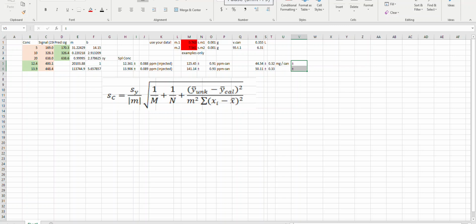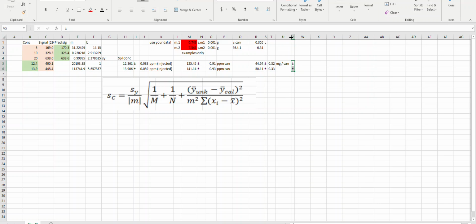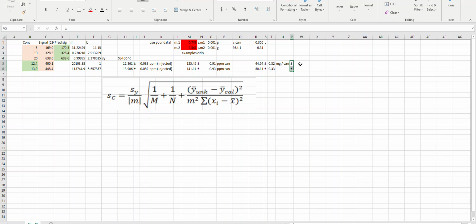Let's see here. So I have to erase that part. So now to get the confidence interval, this is standard dev. And this is going to be the 95% CI.